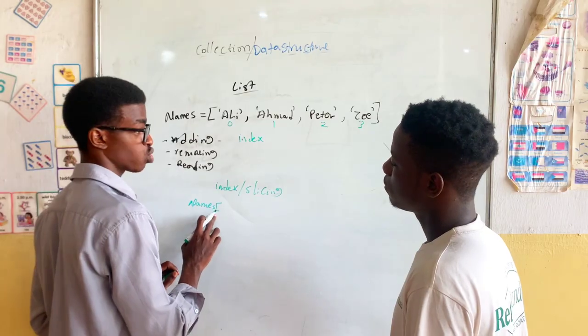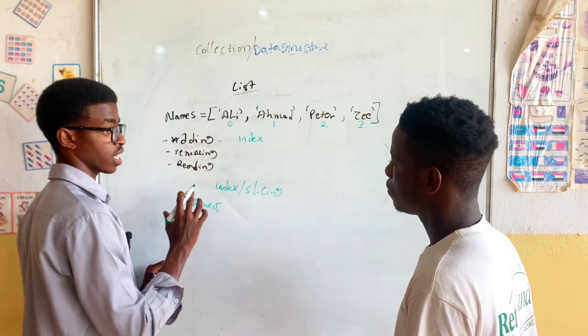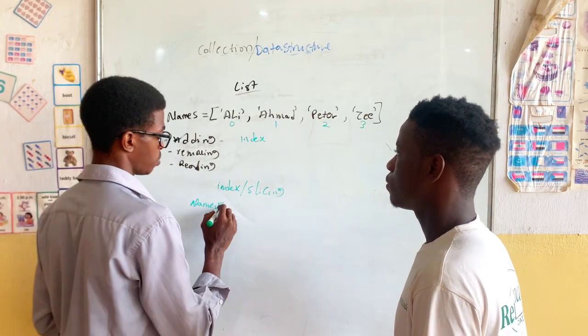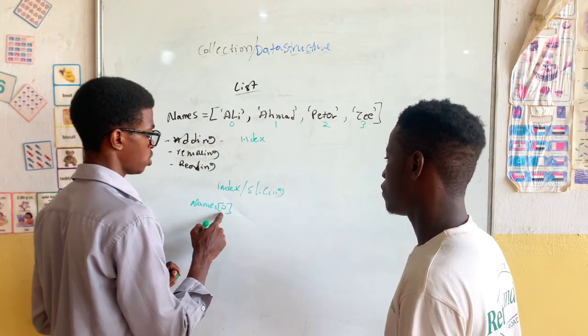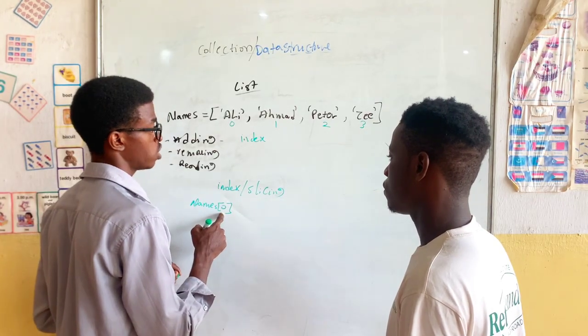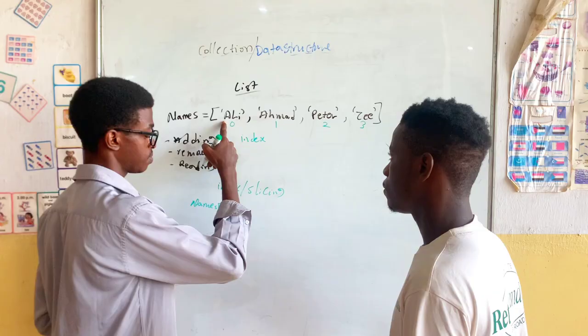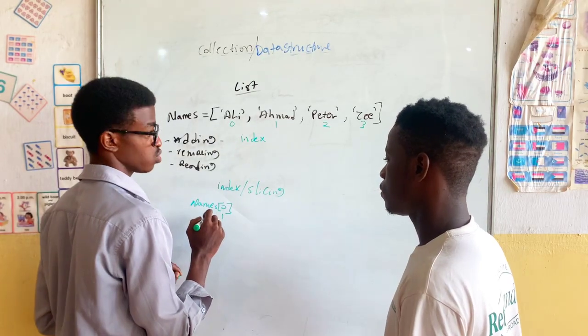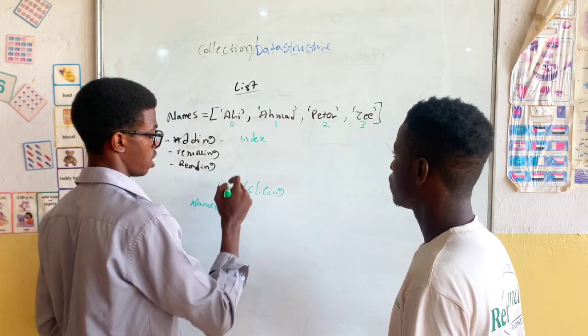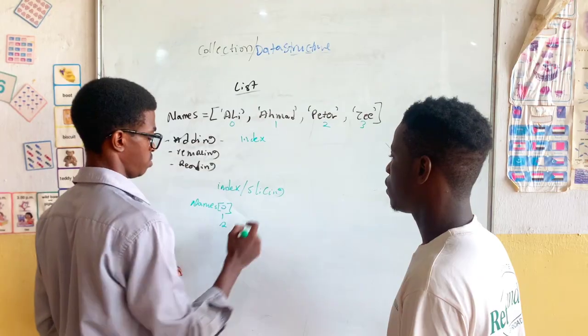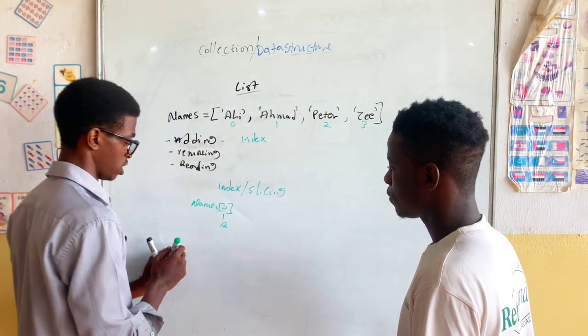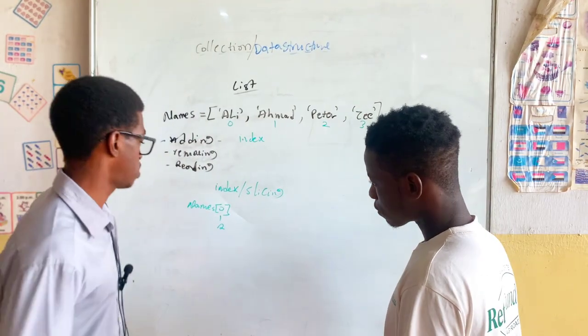The moment you see this square bracket, we are about to access a specific element. When I put names square bracket 0, it means I'm referring to Ali. When I put 1, I'm referring to Ahmad. When I put 2, I'm referring to Peter. So this is how we access a specific element. Very simple.